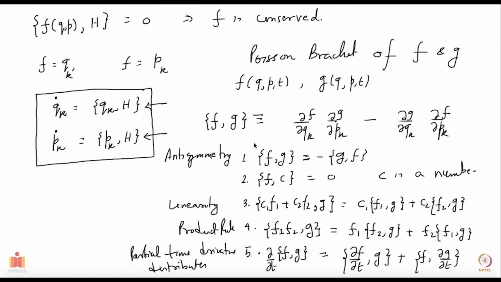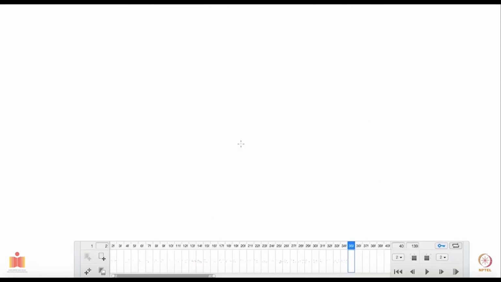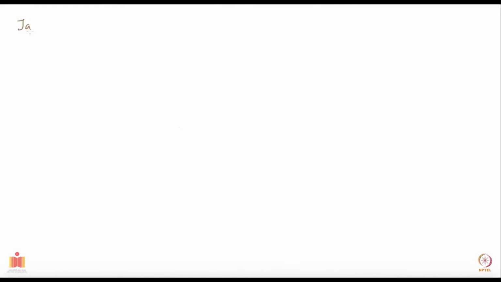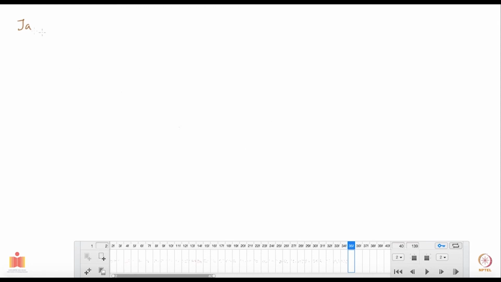So let's say you are given three functions, f1, f2 and f3. So you construct a Poisson bracket, and finally we have the Jacobi's identity. This is the sixth property, right? And this is 5. Somehow it has become brown. Okay, anyway.